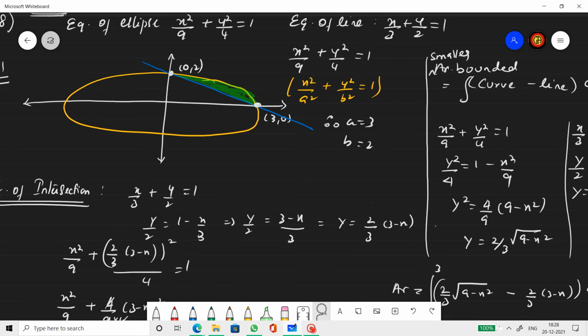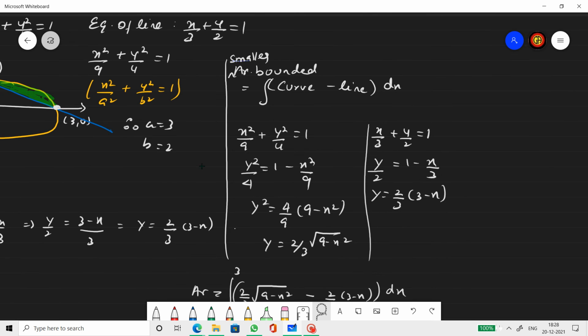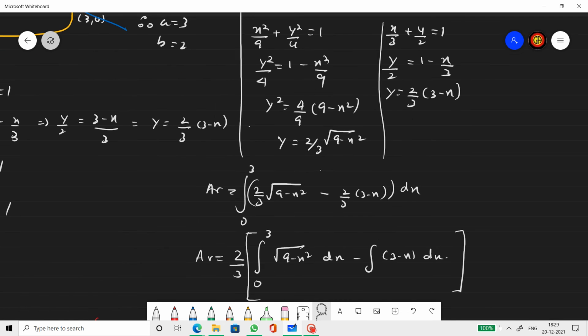So step 3: smaller area bounded equals curve minus line. Express the curve's equation, or ellipse equation, in terms of x, likewise for the line's equation also. And then curve minus the line.